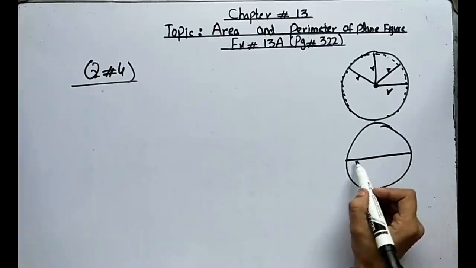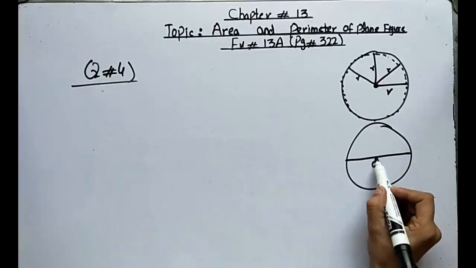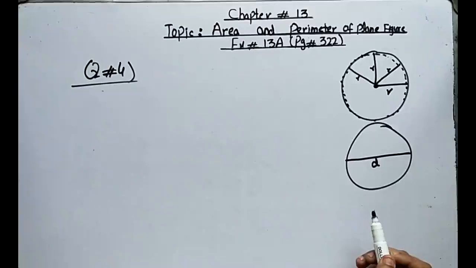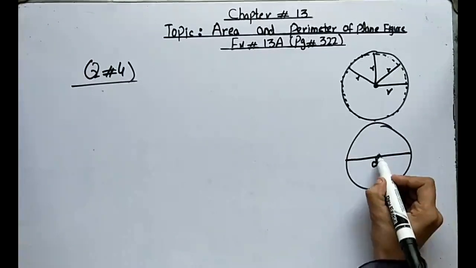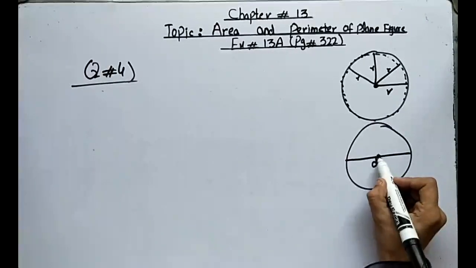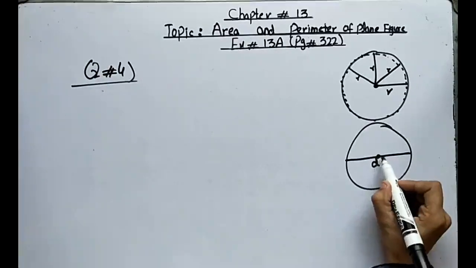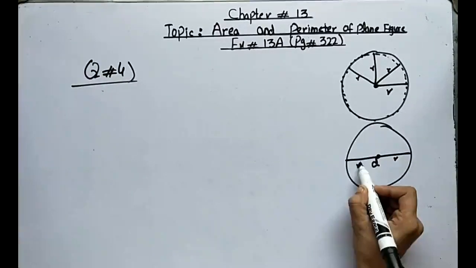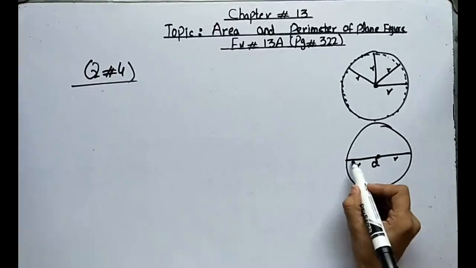Fine? This line is called the diameter and diameter is represented by D. So you can see here from the center to any point the distance is called the radius. This one is called radius and this one is also called radius.